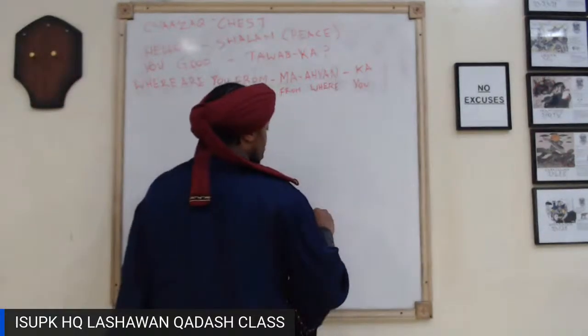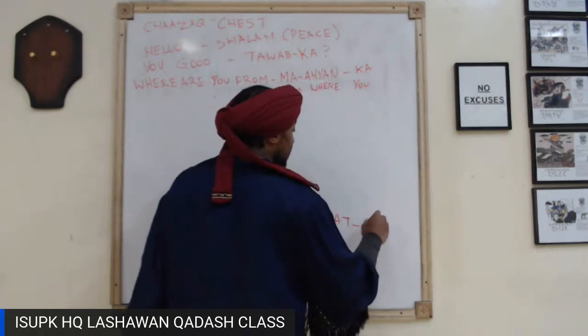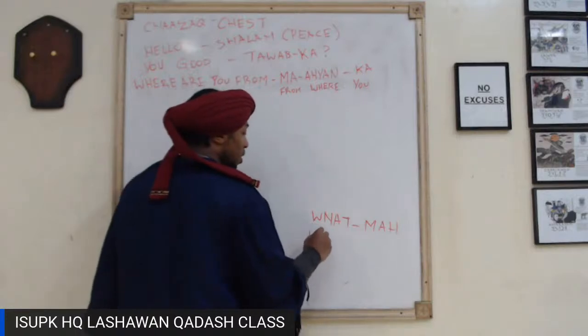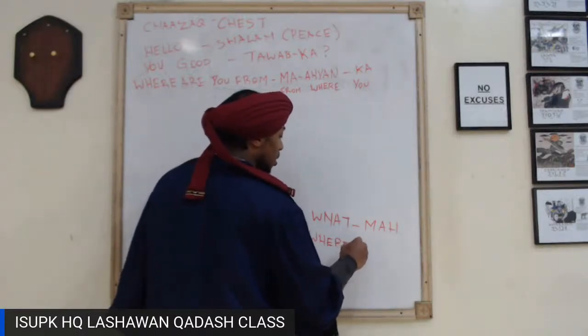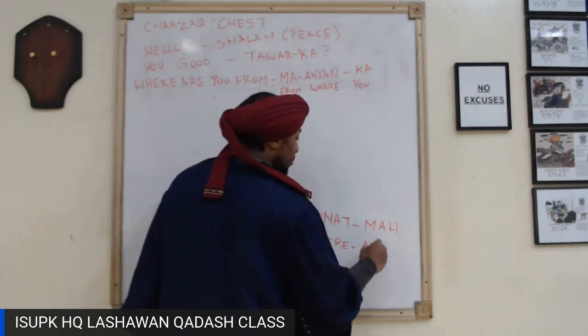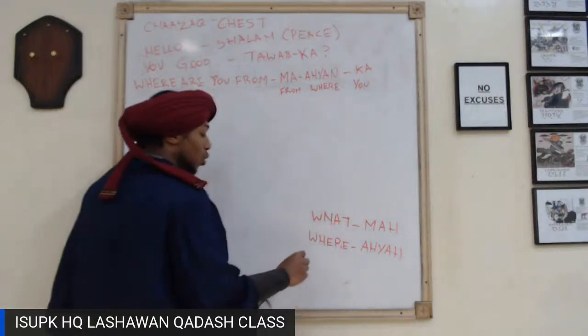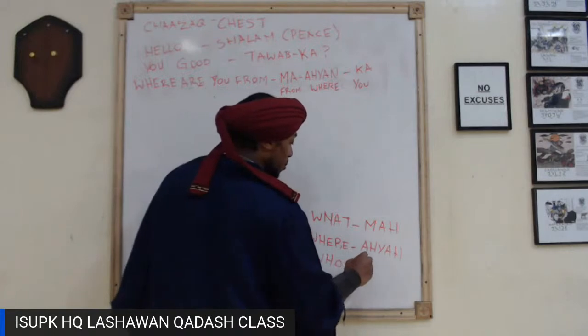We have, what is Ma? Right? Where, I think by itself is Aya. Right? Who is Maya?